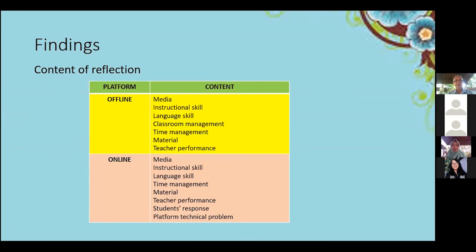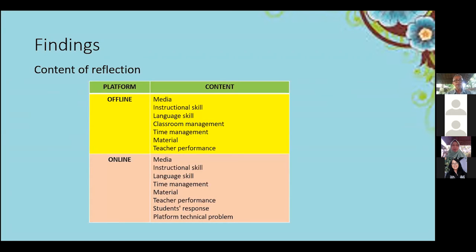Okay, the next is the findings. So the findings of the study are classified into two main findings. Number one is about content of reflection. We can see the comparison between offline platform and online platform of micro-teaching.